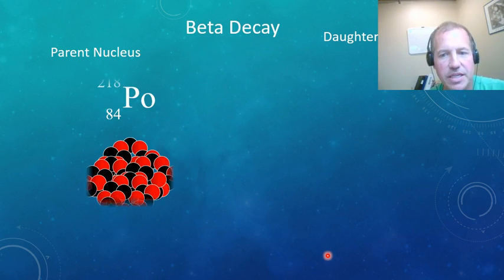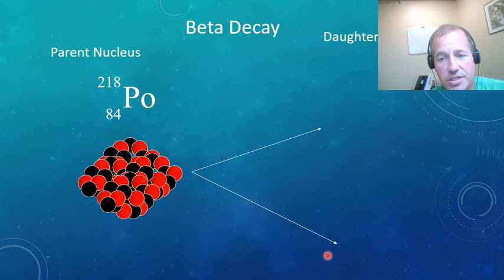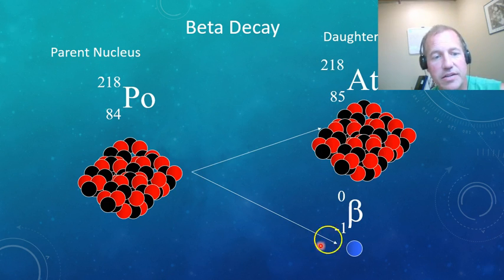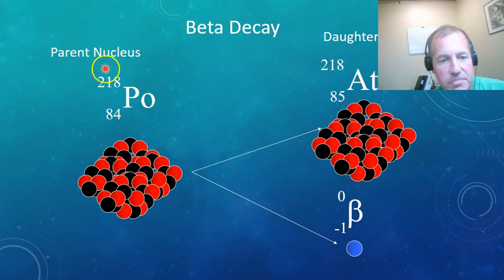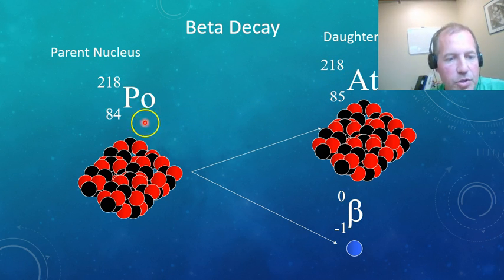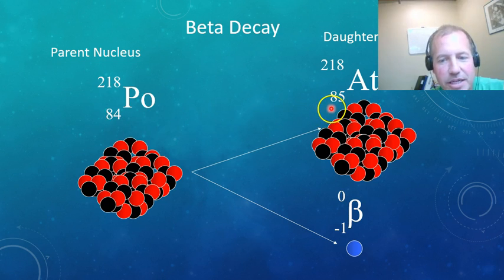So what does that mean as far as our mass number is concerned? Well, you can see here again, our mass number will stay the same, because mass number is number of neutrons plus protons, and what's going on with beta decay is a neutron is converting into a proton and an electron, so the mass number stays the same. However, you notice that our atomic number has changed.